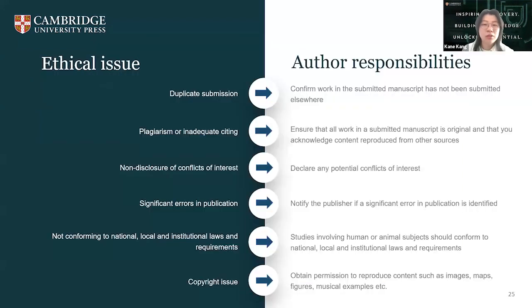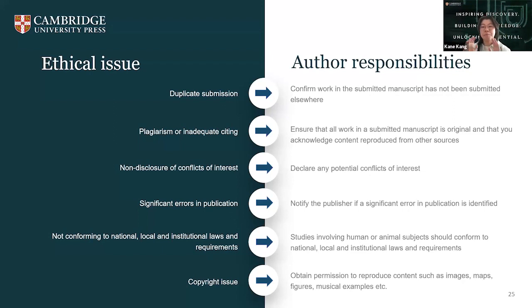Okay, so here are some ethical issues and author responsibilities. Let's have a look at that. So duplicate submission. Authors must confirm that the work in the submitted manuscript has not been submitted elsewhere.